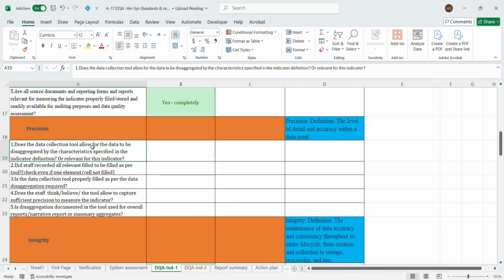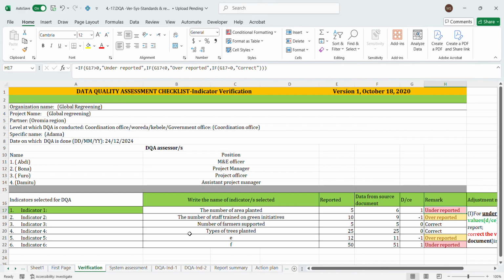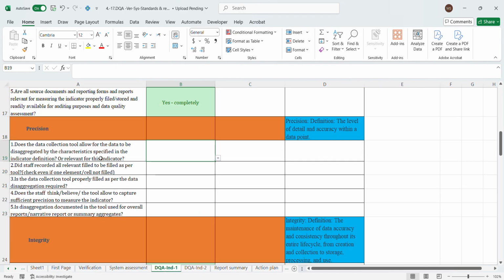The first one is, does the data collection tool allow for data to be disaggregated by characteristics specified in the indicator definition or relevant for this indicator? Remember, the indicator is the first indicator, the number of areas planted.